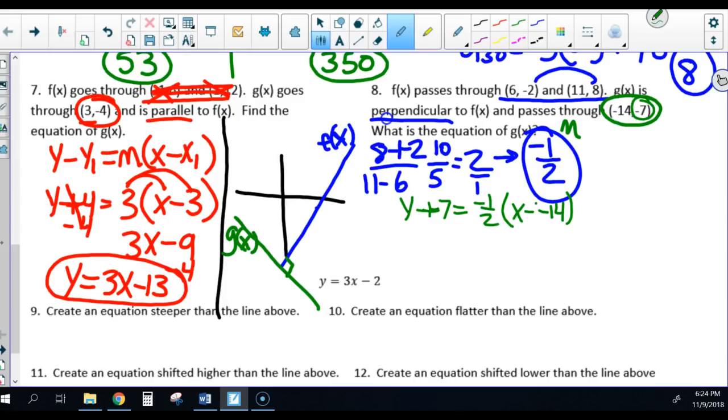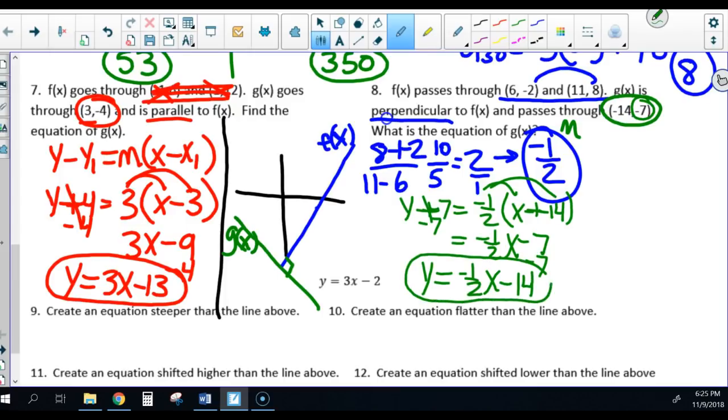Change those to plus, change those to plus. Distribute here, negative 1/2 x minus 7, minus this 7 to make that cancel out. And we're left with y equals negative 1/2 x minus 14.